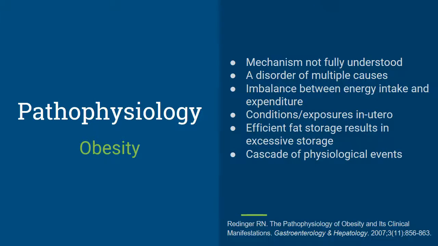A cascade of physiological events with excessive fat storage and fat utilization in the body contributes to fat deposits in organs, and this triggers the cascade of physiological events which cause obesity in the pediatric population.